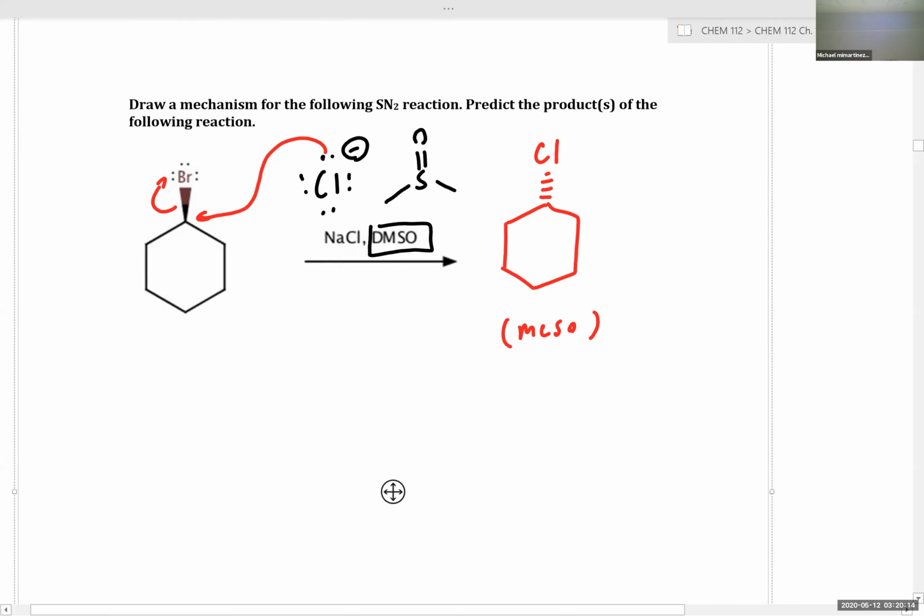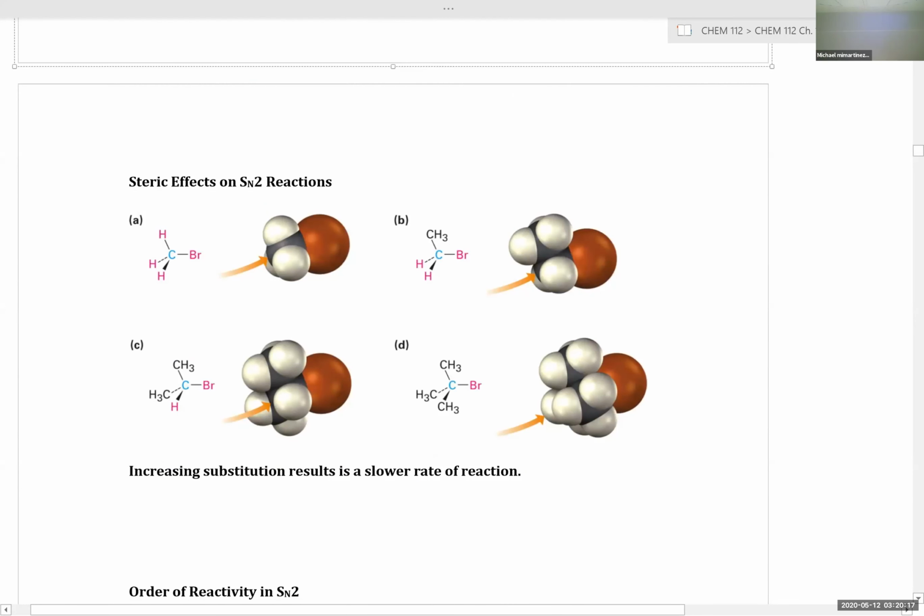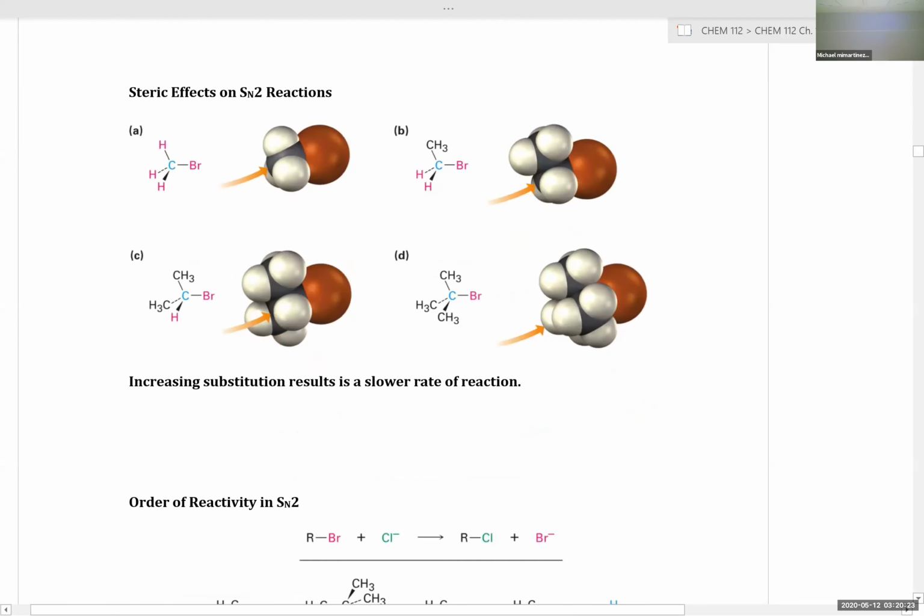Perfect. So let's keep going now, and let's think a little bit about steric effects on the SN2 reaction. Here we're looking at pictures as we add alkyl groups. If we're comparing a methyl to a primary, secondary, and tertiary halide, my question to all of you is: is the opposite side to our bromine more or less accessible as we add substitution?